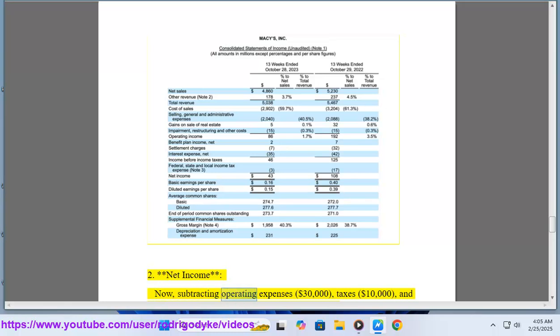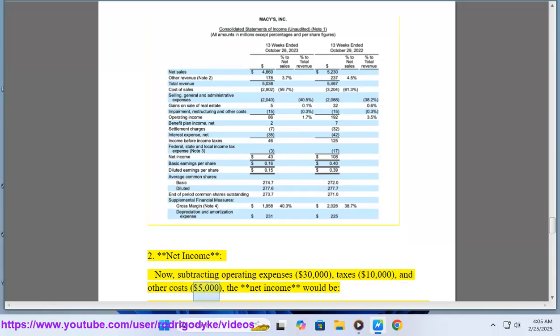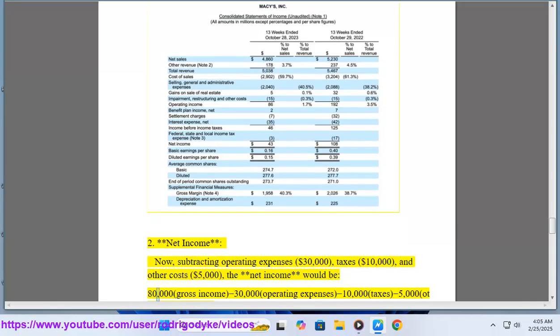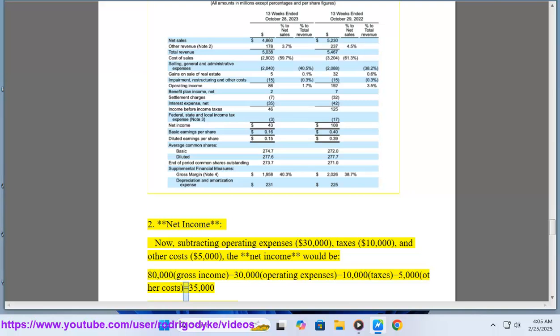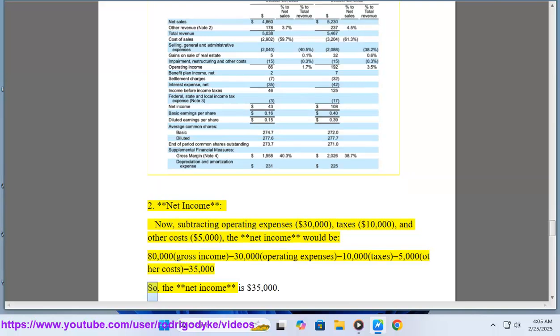Now, subtracting operating expenses, $30,000, taxes, $10,000, and other costs, $5,000, the net income would be 80,000, gross income, minus 30,000, operating expenses, minus 10,000, taxes, minus 5,000, other costs, equals 35,000, so the net income is $35,000.